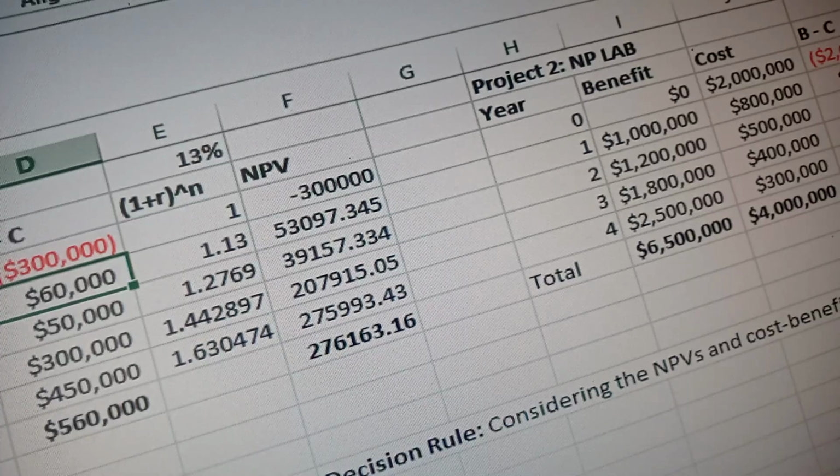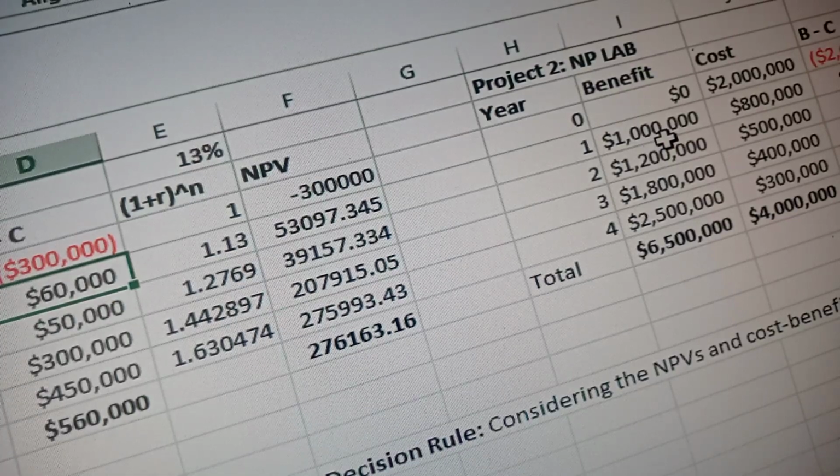It's frightening because at the initial stage of this project, the company recognized zero benefit, and they had to spend $2 million, a whopping amount of $2 million for no benefit. Still, management had the courage to move forward with that project.